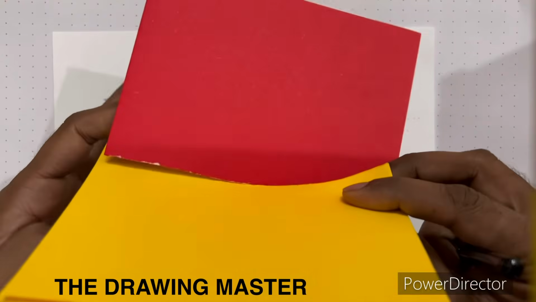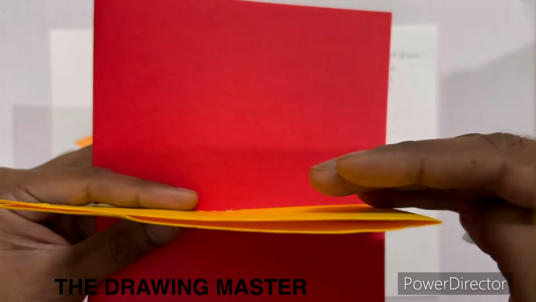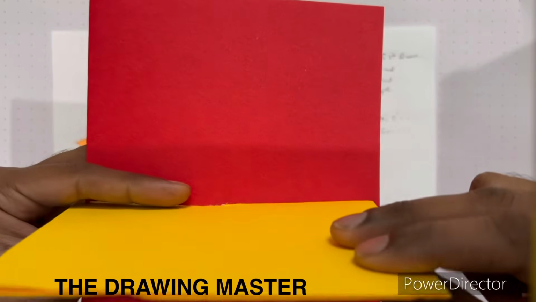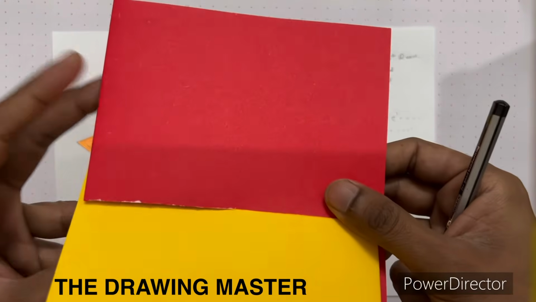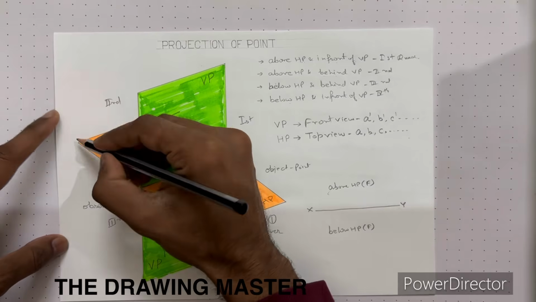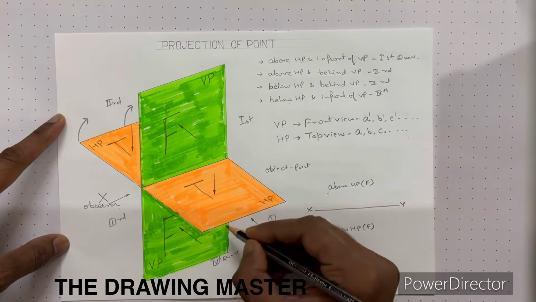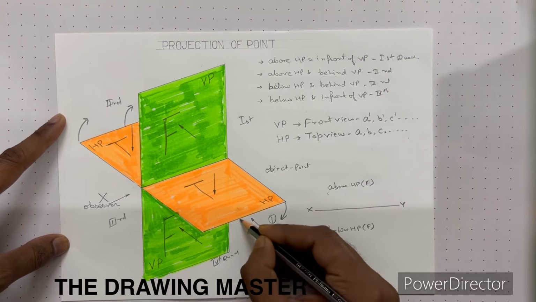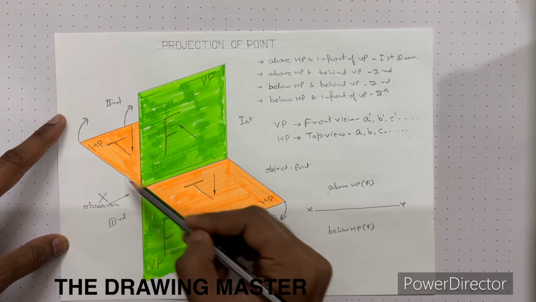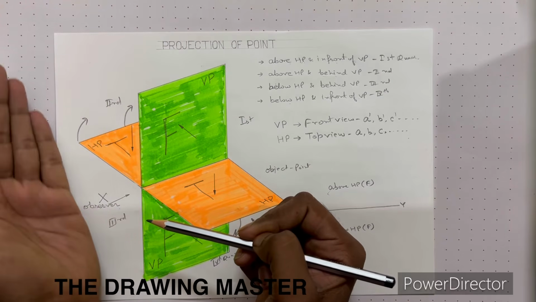So VP is in front of you. This is VP. Sorry, HP. In front of this VP, this part is HP. So it will go down. And behind the VP, the HP comes up. This is the rotation. Right? So whatever is behind this VP comes up.